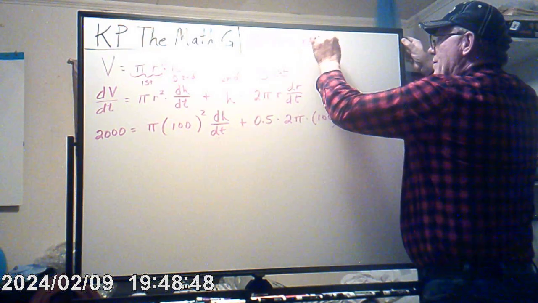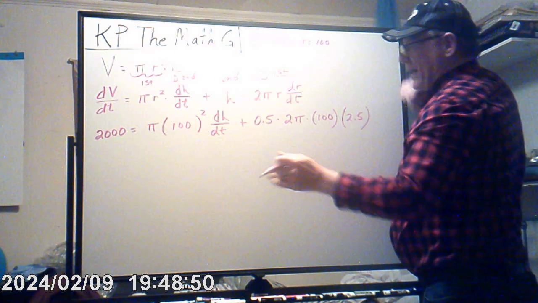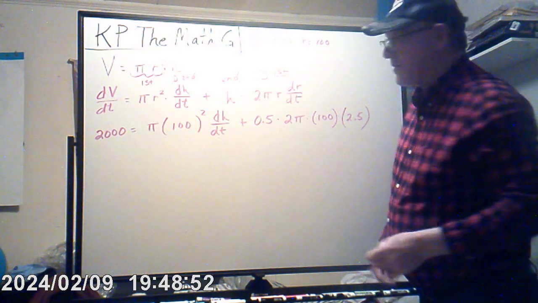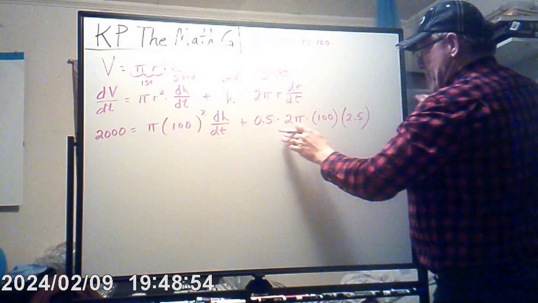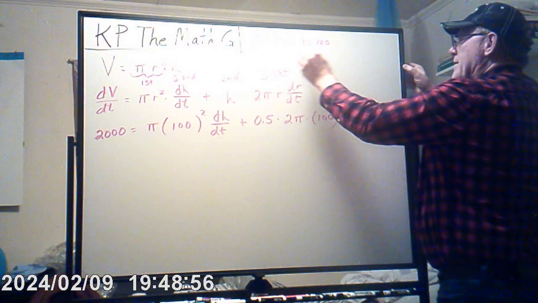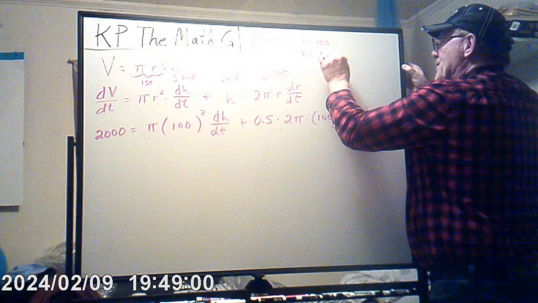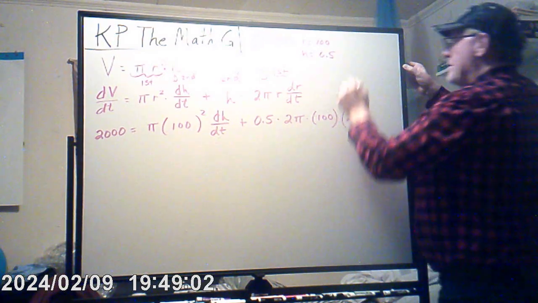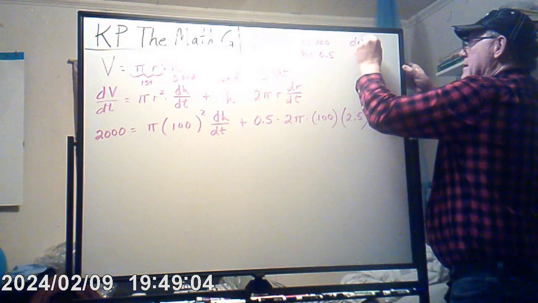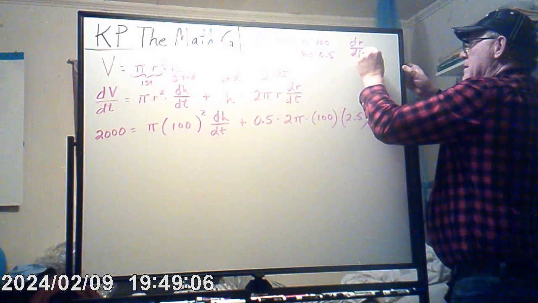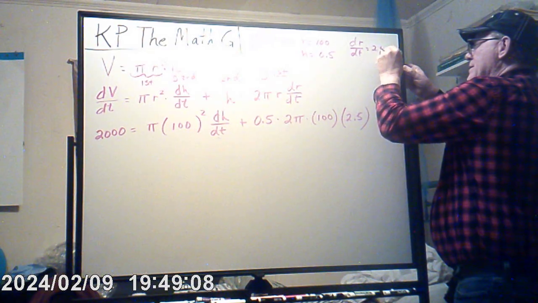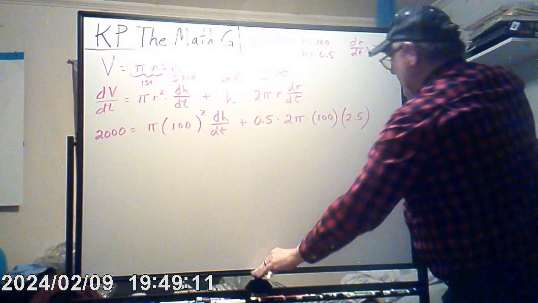For lack of space, I'm just going to leave off the units. The height is 0.5, and dr over dt is 2.5. I do believe everything is in order.